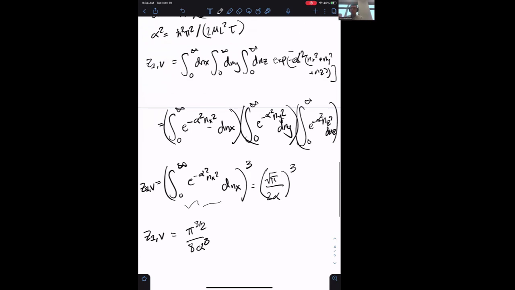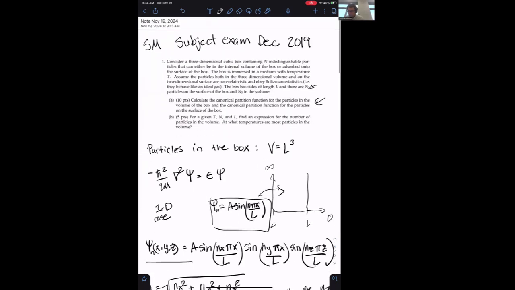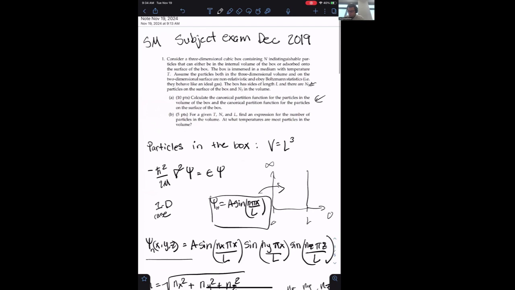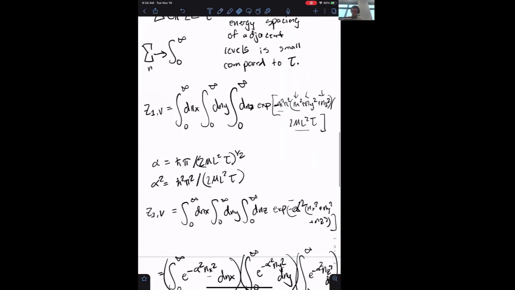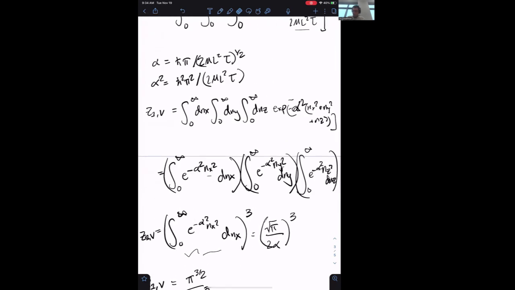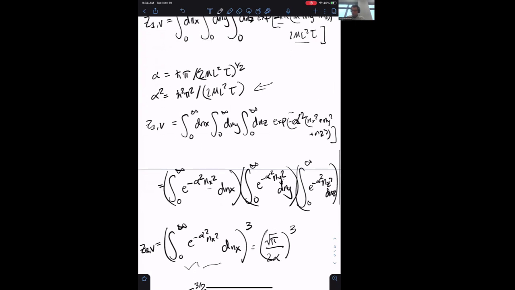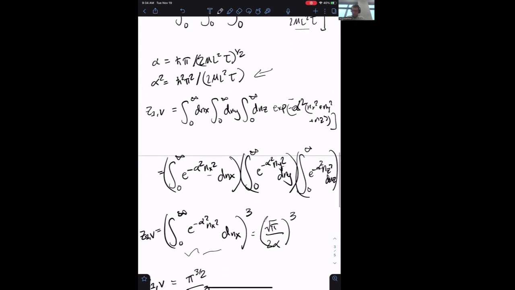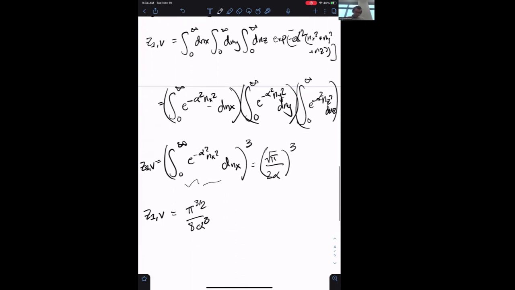And let's see what the problem wants exactly. Calculate the partition function for all the particles. So we still have to use that other formula. Now we can convert back to the standard stat mech variables like T and L instead of this alpha.